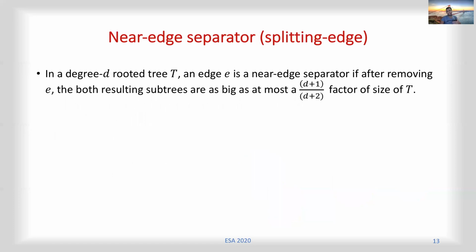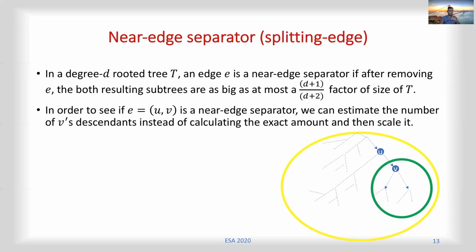We say that an edge is a near edge separator if after removing e, both resulting subtrees are at most a factor of (d+1)/(d+2) of the original size of T. This is a more relaxed version of the separator, but it can still be efficient for us, and we don't need to find the exact number of descendants, and we can do sampling instead.